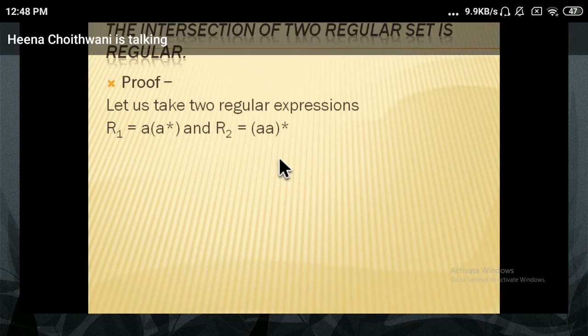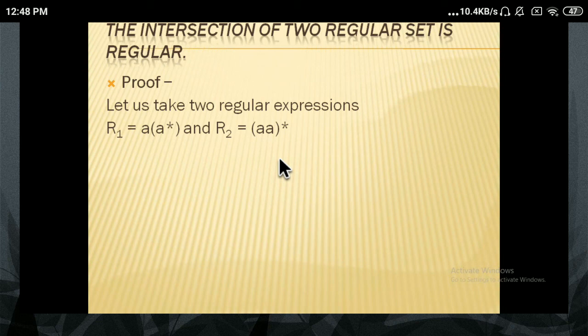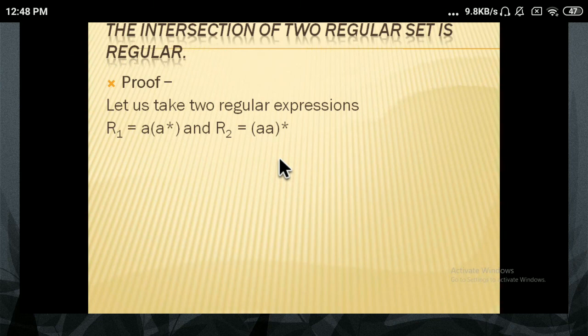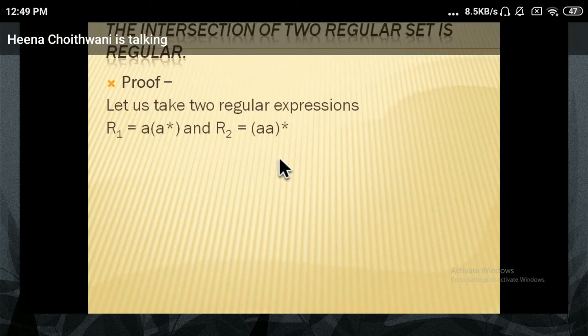Because all the strings in R2 are in R1 as well, except epsilon. So R2 except epsilon: your R2 is AA star closure, minus epsilon it will become AA plus. Is it?